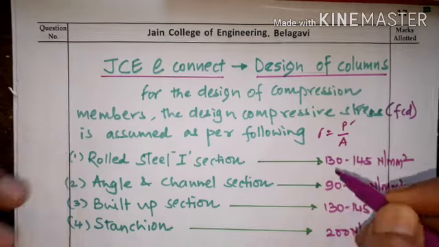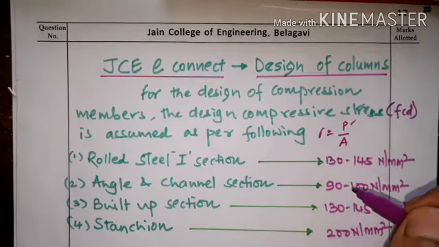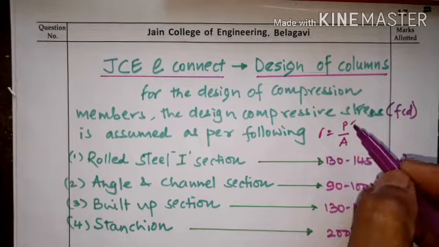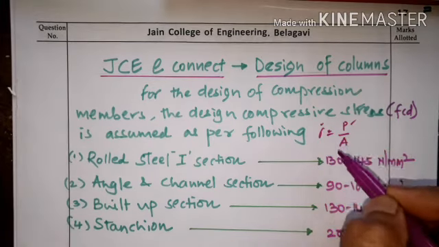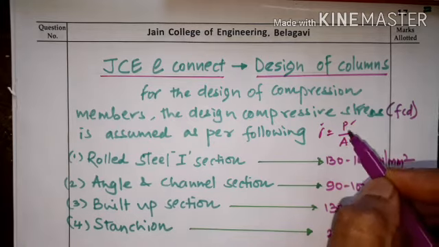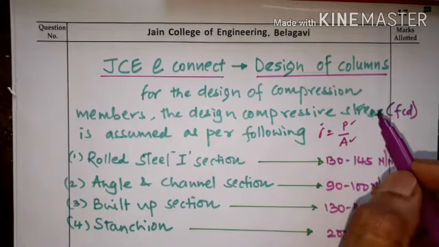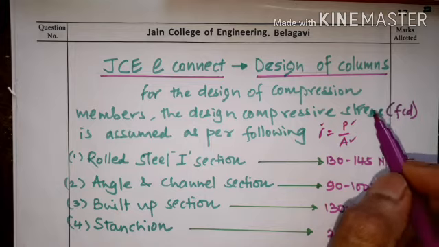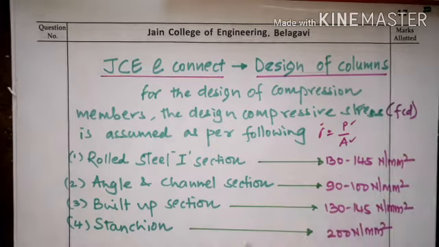When you know the compression load and assume the stress, you can easily find out the area, and with respect to that area you choose a section from the steel table.